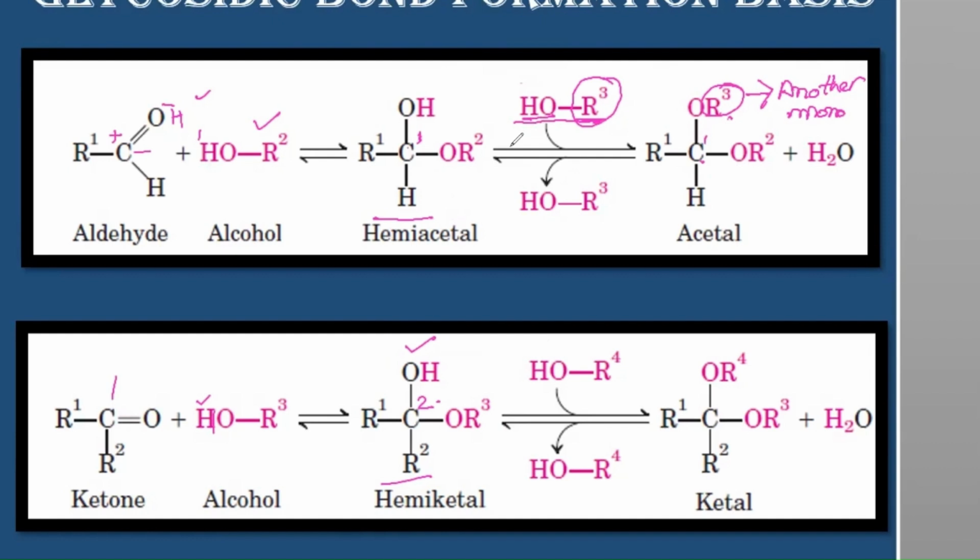So this is how it is going to happen, right? And over here also the same thing will happen. This R4 is nothing but another monosaccharide unit, and this carbon number 2 is nothing but the anomeric carbon of the first monosaccharide unit.